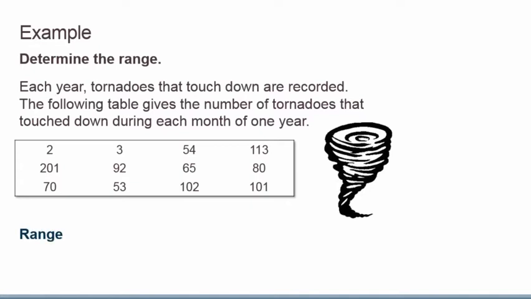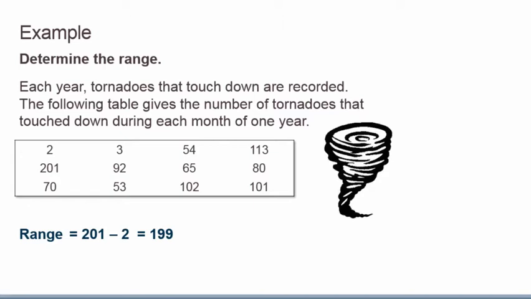We want to find the range. Our largest data point is 201. Our smallest is 2. 201 minus 2 is 199. So that's the range of our data.